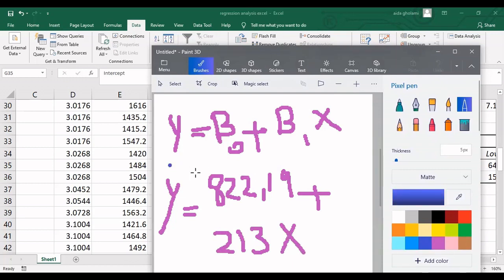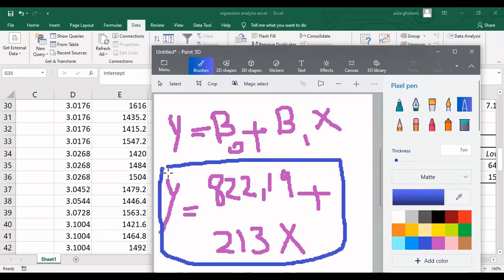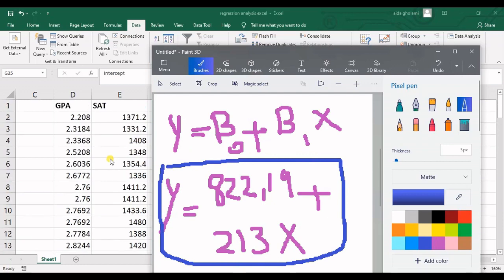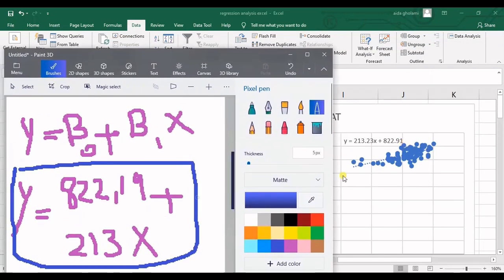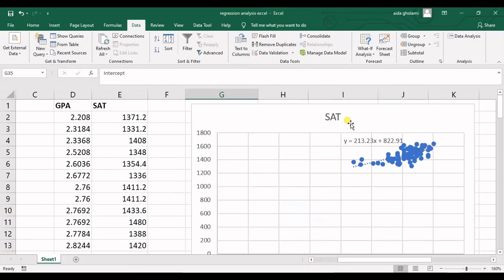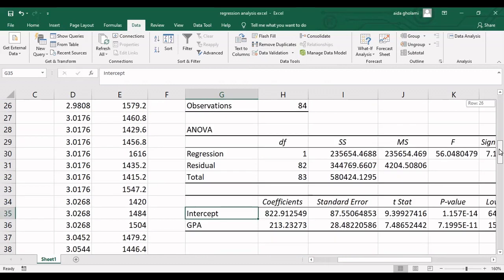So this is our regression formula in here, and you can see that this is the exact formula that we have here. Okay, so that's why I said you can get the formula using just a chart, but this works for only one variable regression.